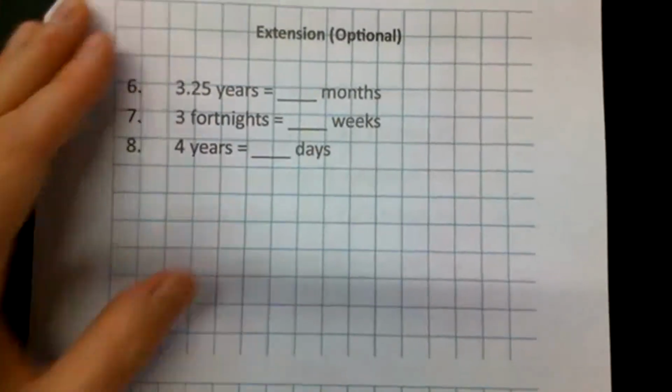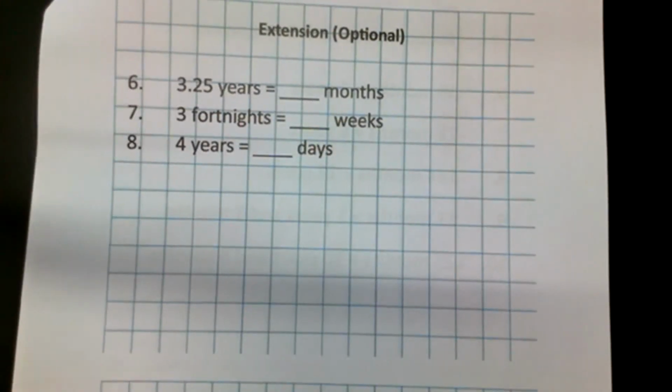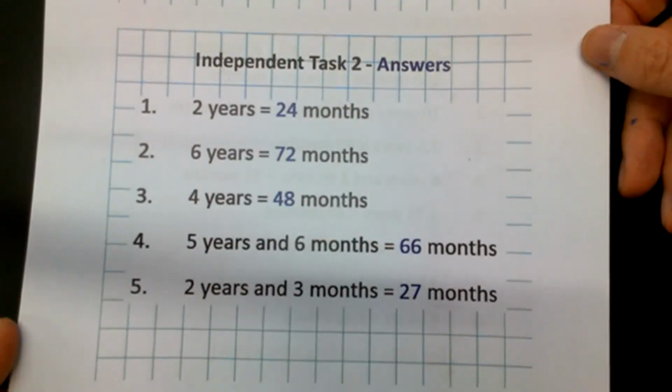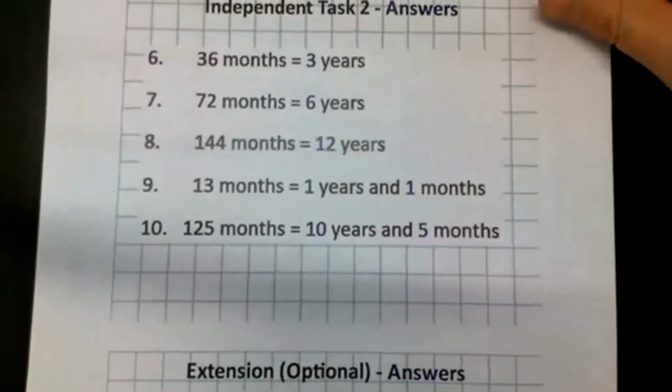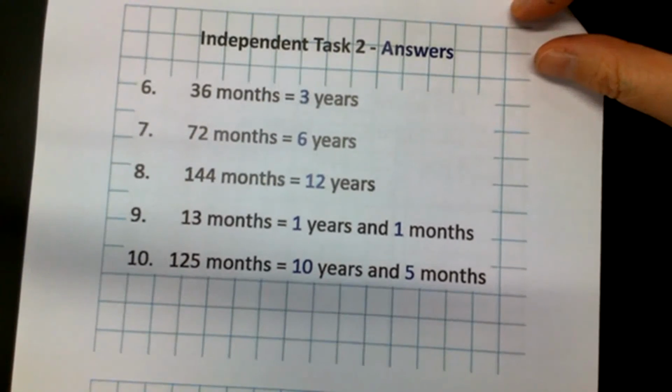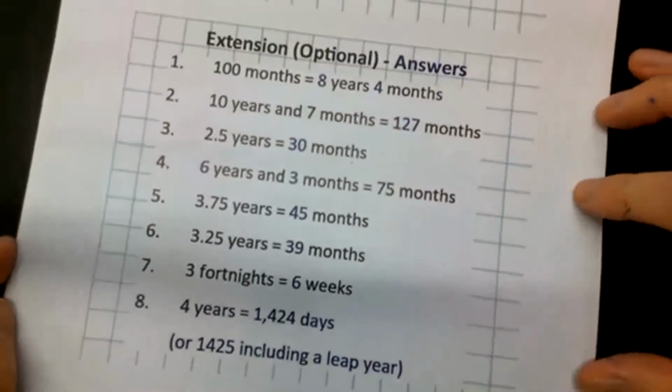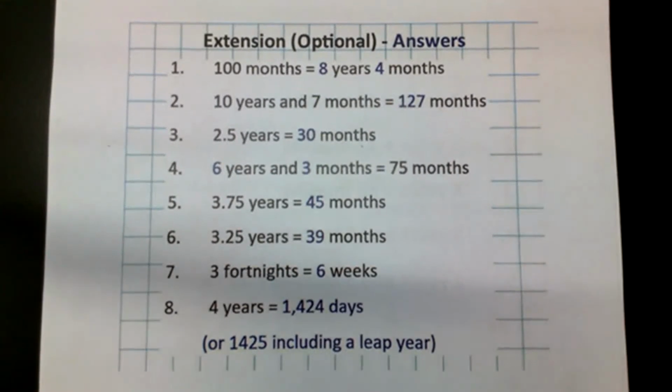Unpause to continue, and then the final 3. Unpause for the answers. Okay, so here are the answers for 1 to 5. Unpause for the next 5. Here are the answers for 6 to 10. And then the answers for the extension. Don't forget to mark your work and then to upload it onto Seesaw.